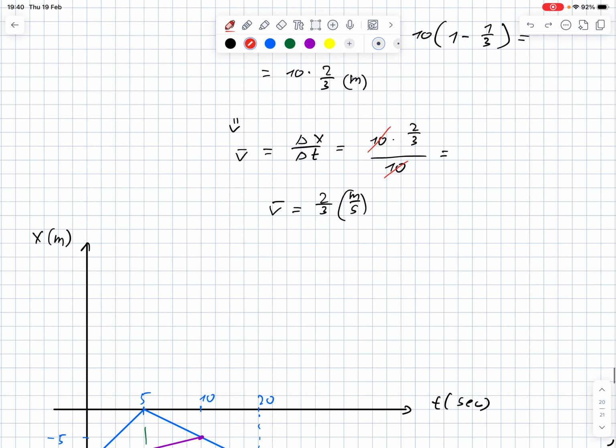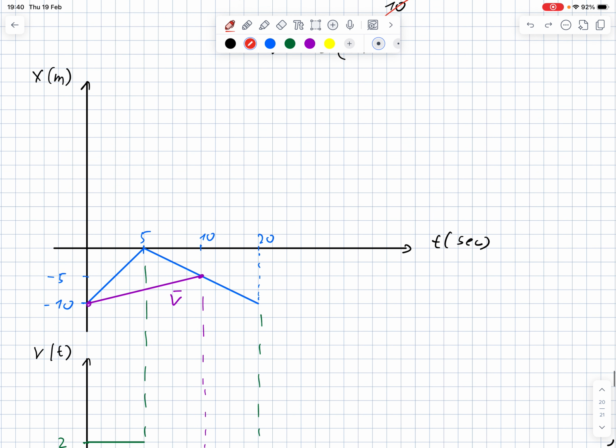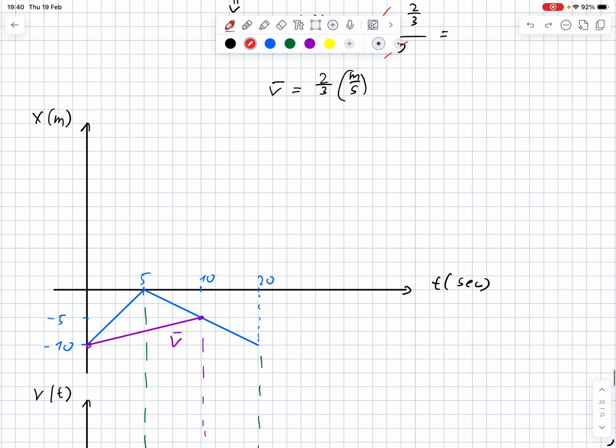Now we need to add this average velocity to the graphs of x of t and v of t. Again, as I explained before, all you need to do is look at the initial position and final position and just draw a straight line between those two points, and this is your average velocity.